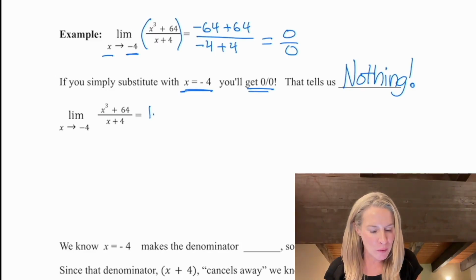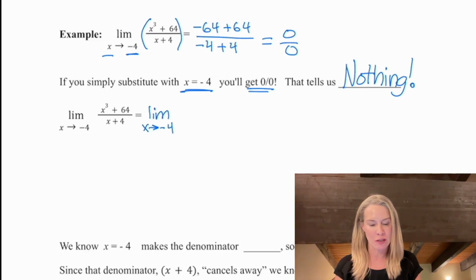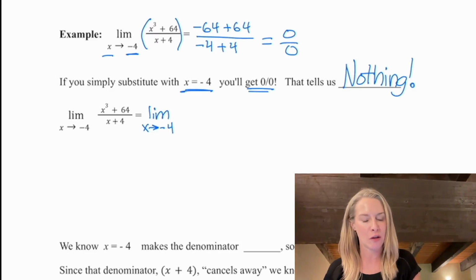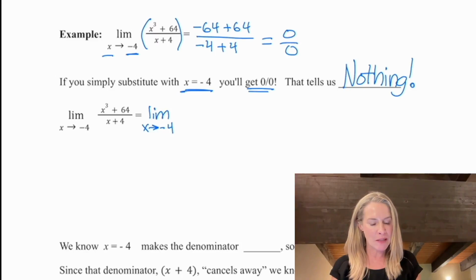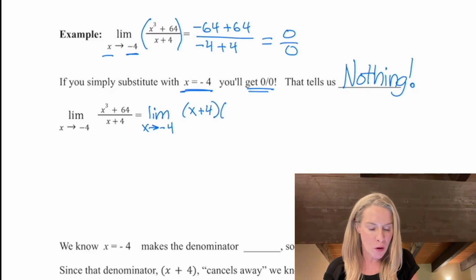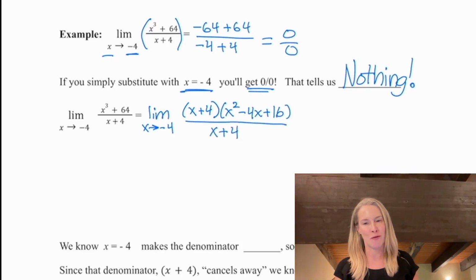So I'm going to rewrite the limit because we're going to keep working through this algebraically. I don't get rid of this limit notation until I've actually evaluated or plugged in a value for x. So that's the limit as x approaches -4, and I'm going to factor the numerator. This is a sum of cubes, so there's a pretty straightforward formula for factoring that, and on the bottom was the x plus 4.